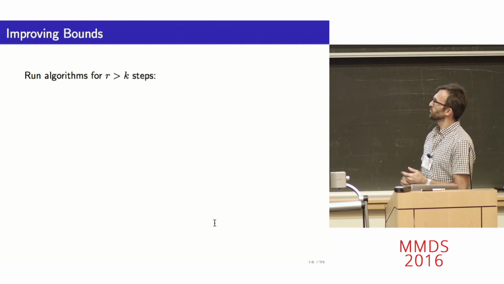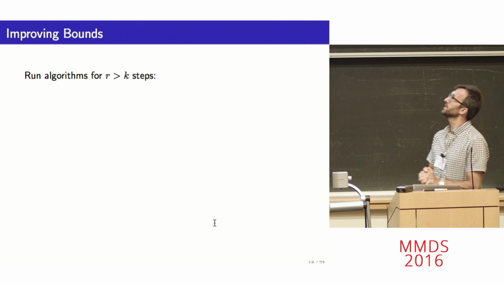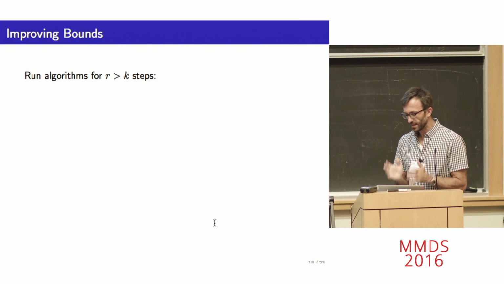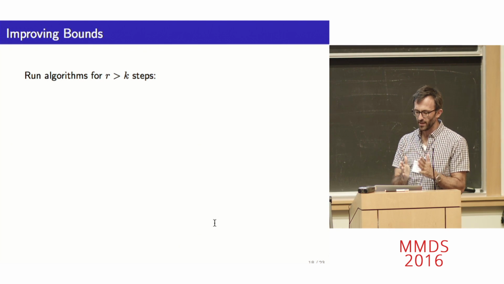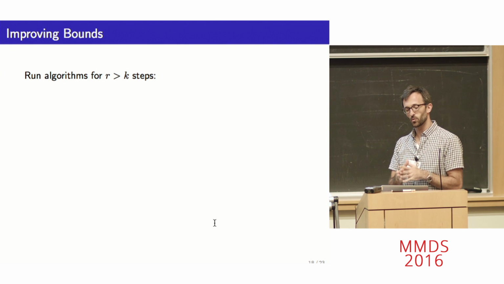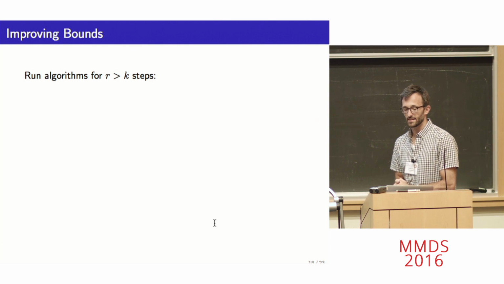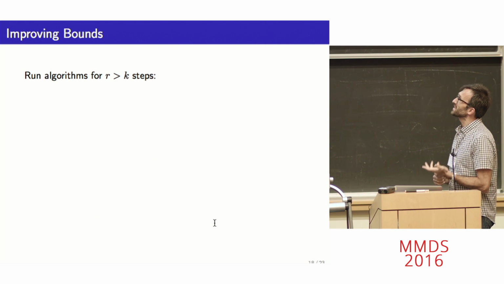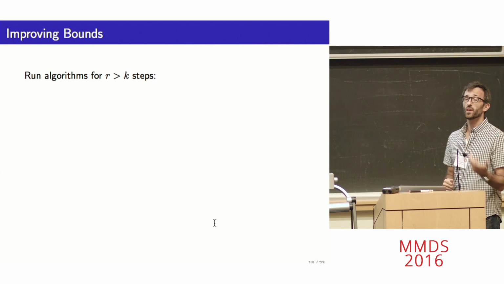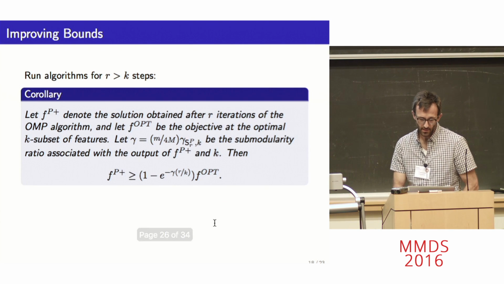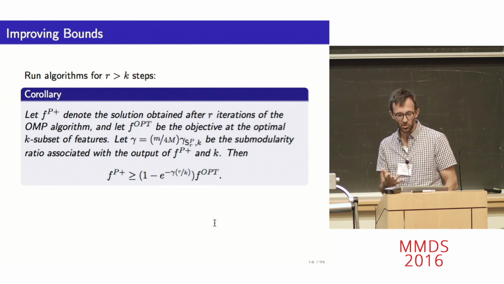So before, the 1 minus 1 over e multiplicative factor that you get for submodularity says that the greedy algorithm, if it selects a set of size k, will be within a factor of 1 minus 1 over e of the optimal size k set. But you might ask, okay, what if I can choose 2k elements? What can I do then? And indeed, you can do much better.